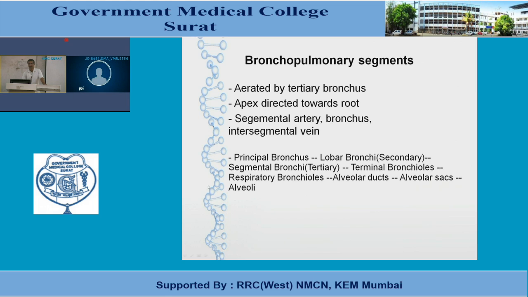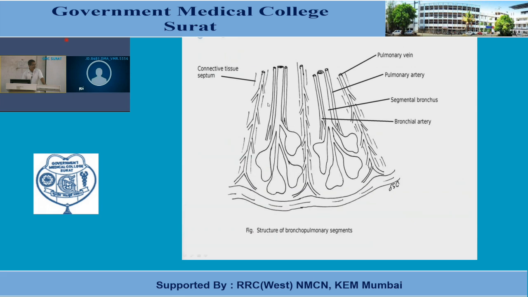Then again it will divide and form segmental bronchi or tertiary bronchi. And the area of lung aerated by a segmental bronchus or tertiary bronchus is known as a bronchopulmonary segment.